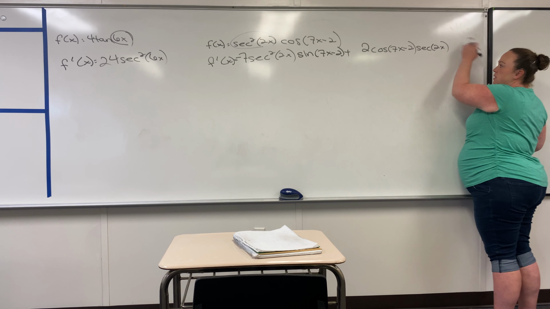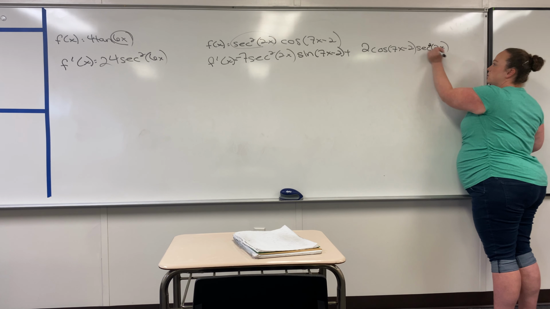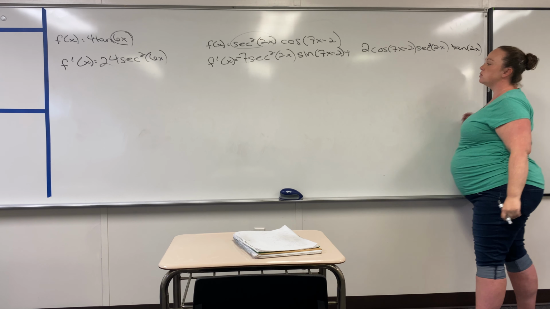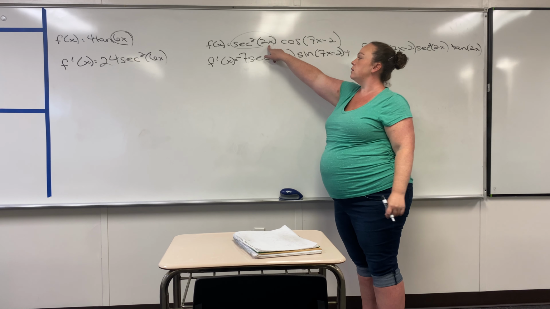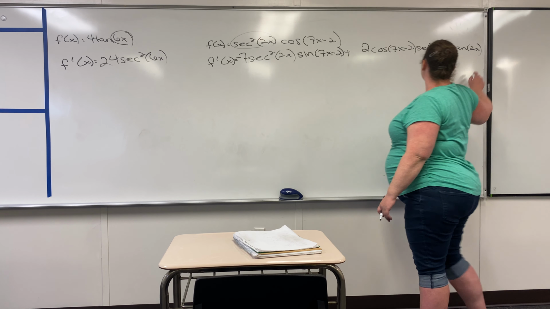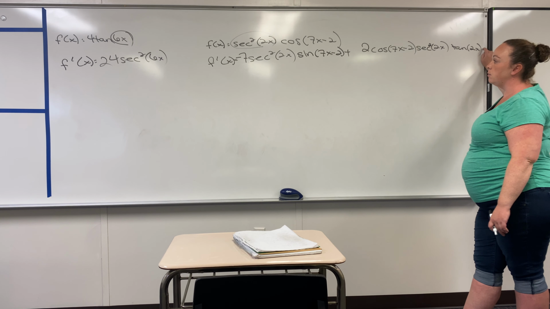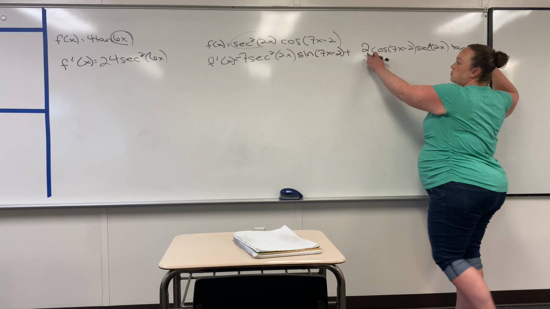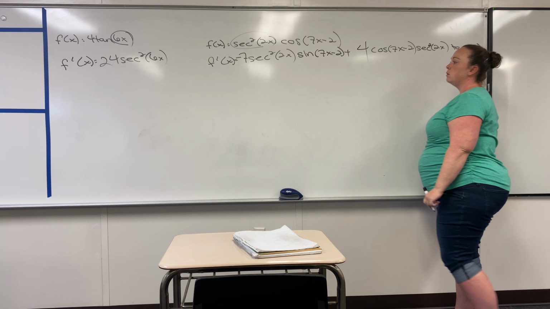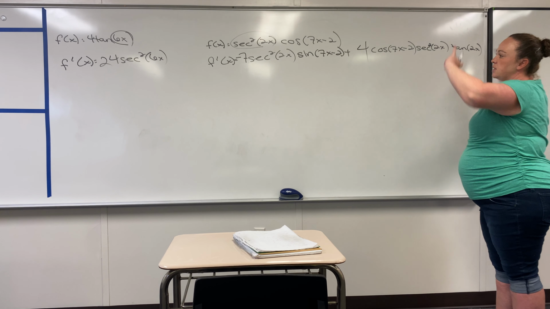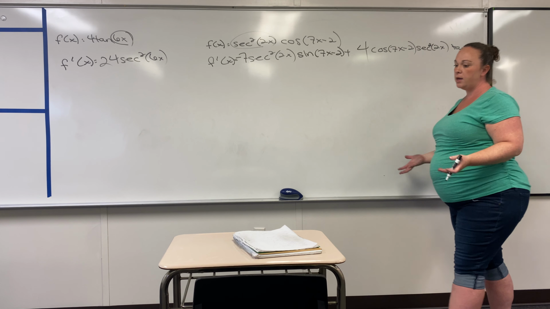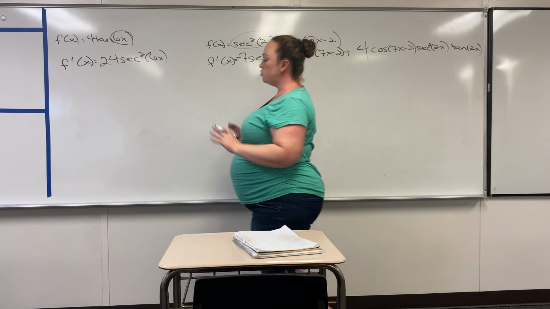Secant of 2x times secant of 2x is secant squared 2x, tangent of 2x. So you've dealt with this, and you say, okay, but that has a derivative of something other than 1. It's 2. So then that 2, instead of camping all the way back here and being super squished, is going to make friends with this 2 up here. So you have 4. And same thing. That's it. You could technically do some more stuff with it, but for right now, it doesn't help. Leave it alone.